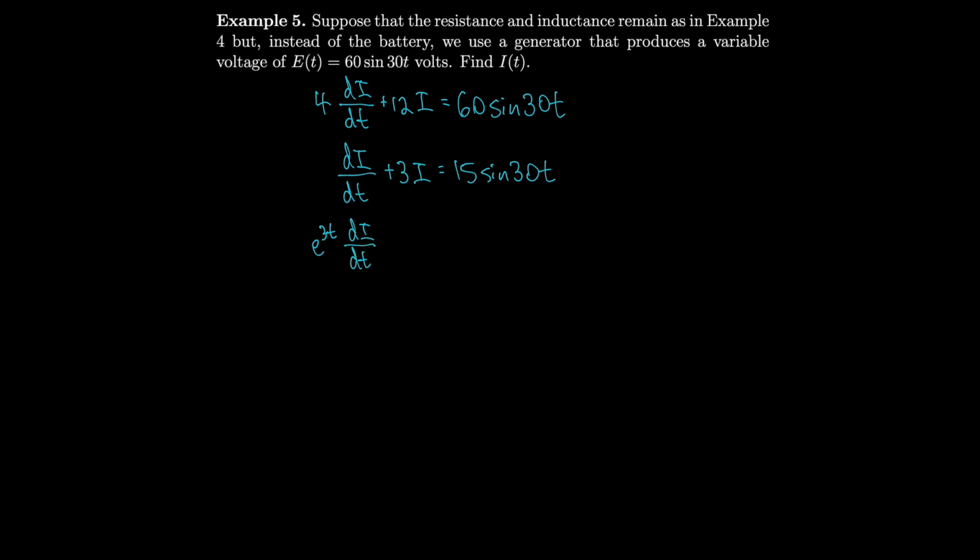And we end up with a pretty similar thing to before, except that now it equals 15 times e to the 3t times sine of 30t.